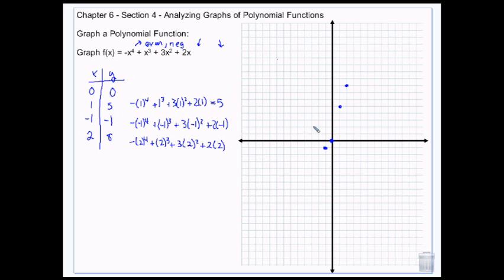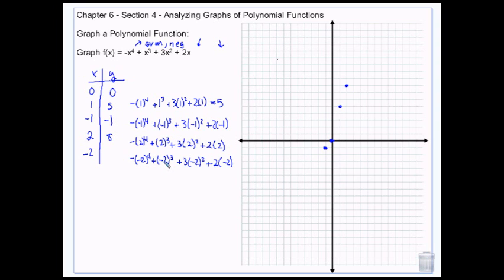As you can see, I'm still trying to find my shape here. I don't know which way I'm going yet, so I have to keep plugging in points. If I do negative 2, I have 16, negative 16 again, plus negative 8.